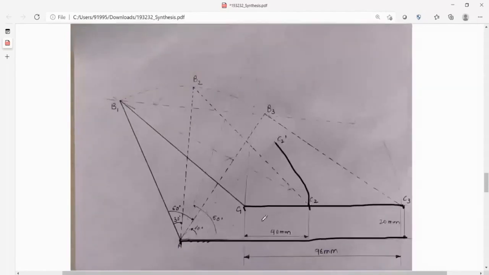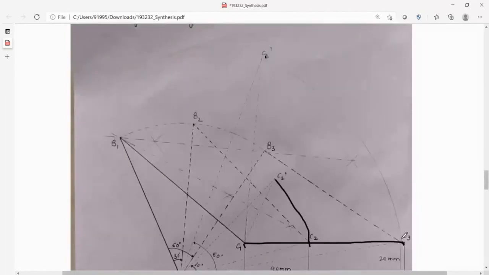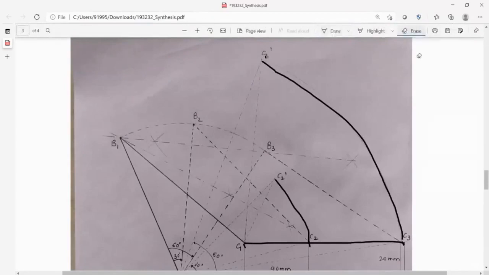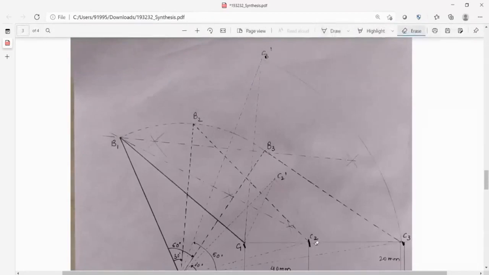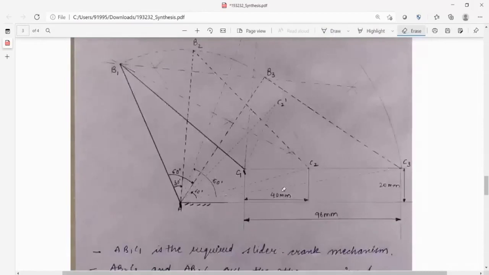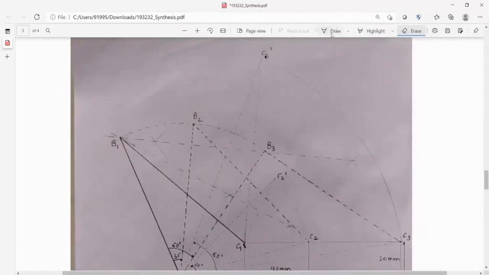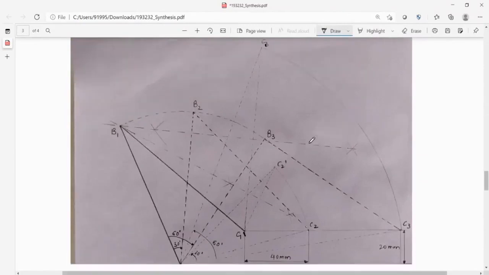Similarly, we will rotate AC3 about A in the counterclockwise direction by an angle of 60 degrees to get the point C3 dash. So we got C2 dash and C3 dash. I'll erase all this.